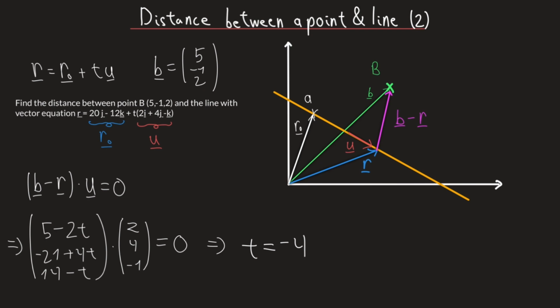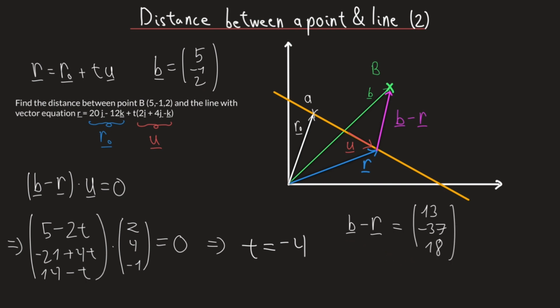And if we calculate the length of this vector b minus r, then we have found the distance. But we don't need to know the point r associated with the position vector r such that b minus r is perpendicular. So plugging in t equals -4 over here, we get this expression over here.